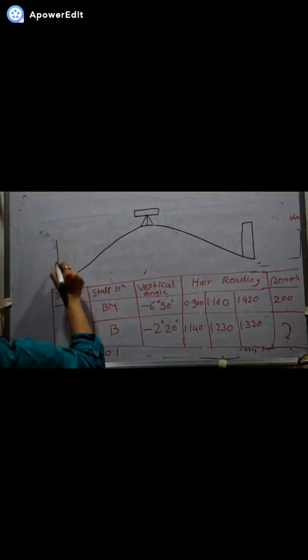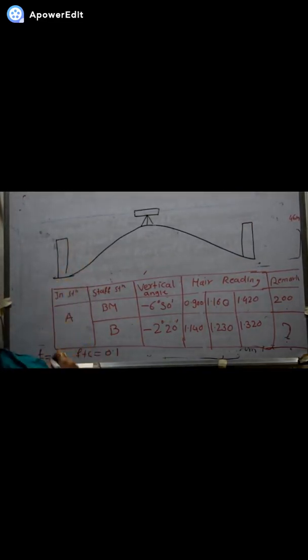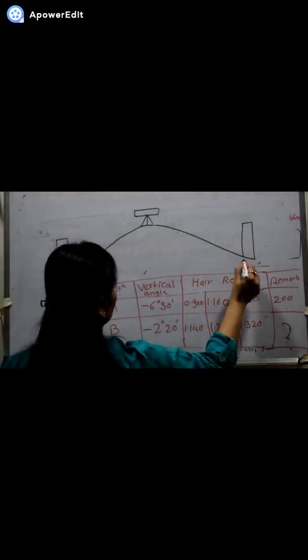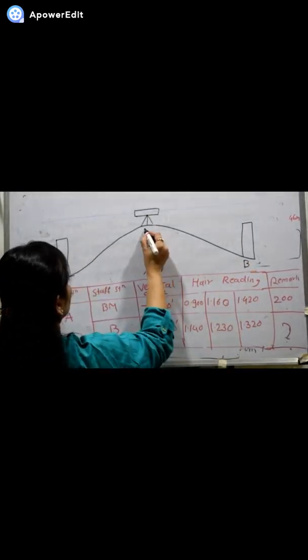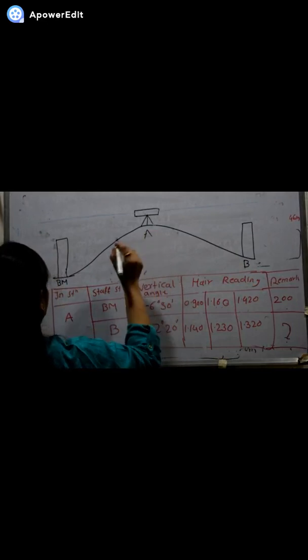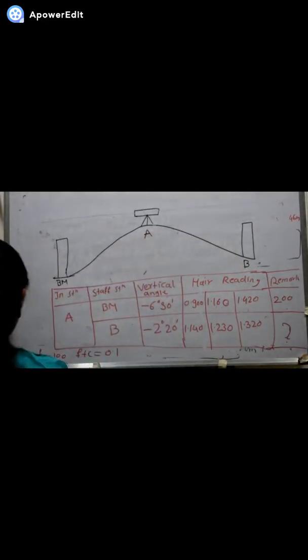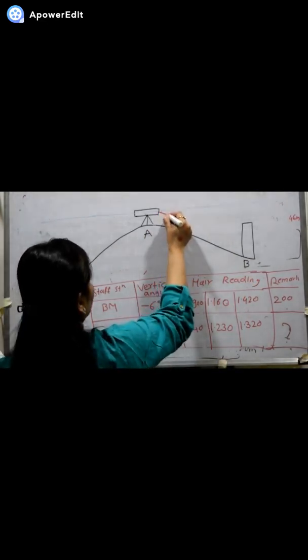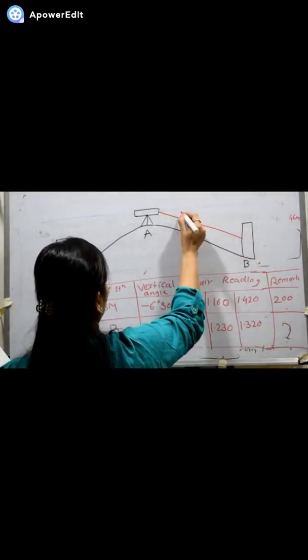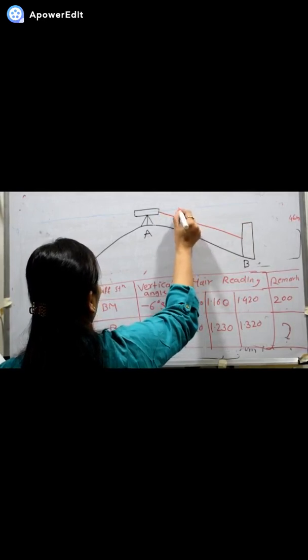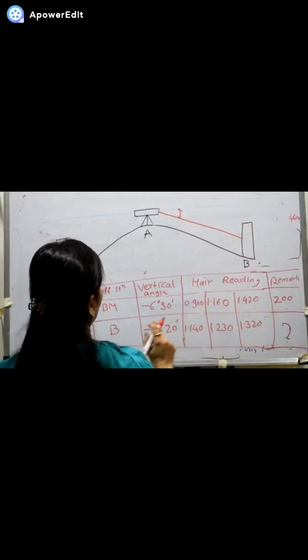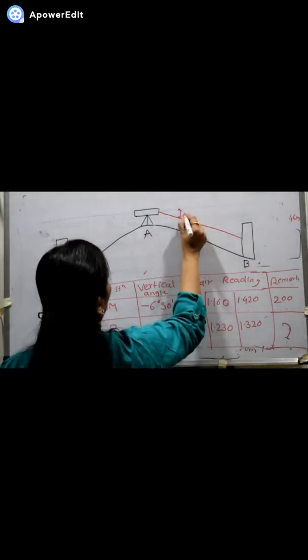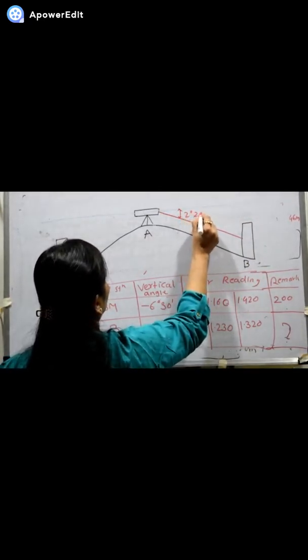We will mark this station as BM and this station as B, whereas this station is A. The angle made by the middle hair with respect to the horizontal axis of the telescope for B is 2 degree 20 minutes.